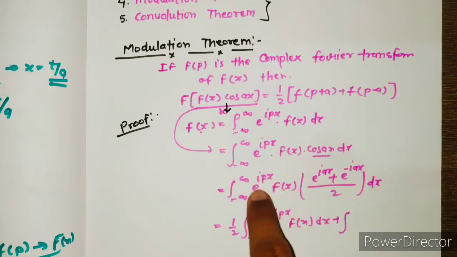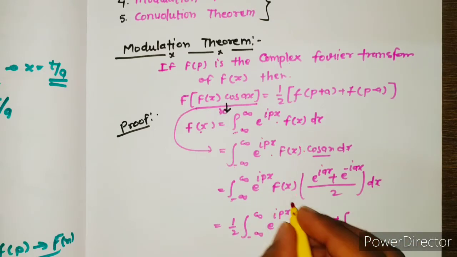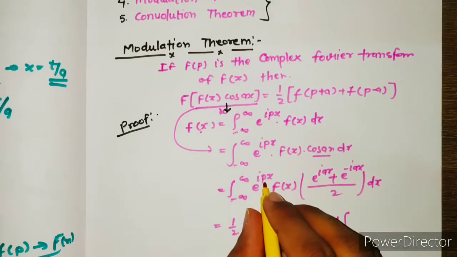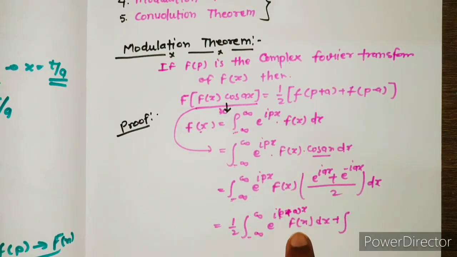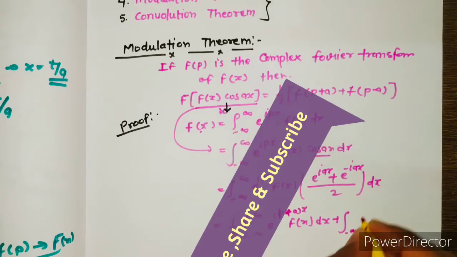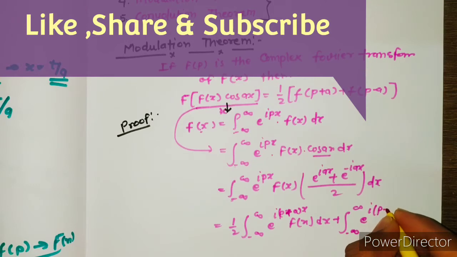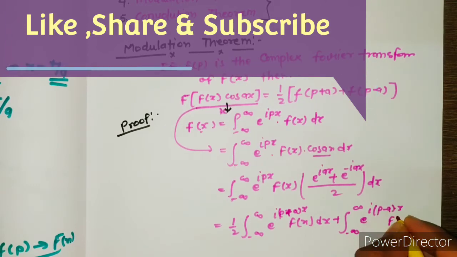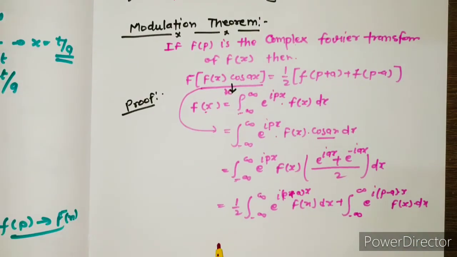In this product, we can write e^(i(p + a)x) f(x) dx, and with the negative sign, e^(i(p - a)x) f(x) dx, with 1/2 in front. This is our basic formula.